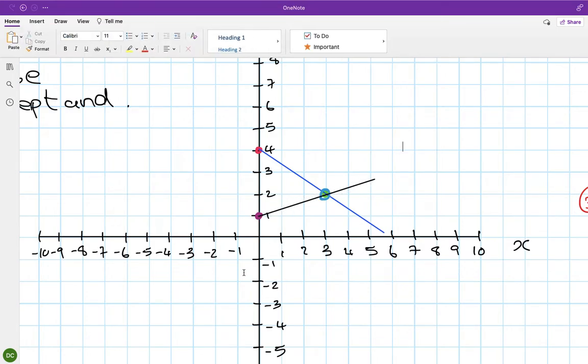Okay. So hopefully you can see that the point of intersection graphically is 3 on the x and 2 on the y. Yeah?